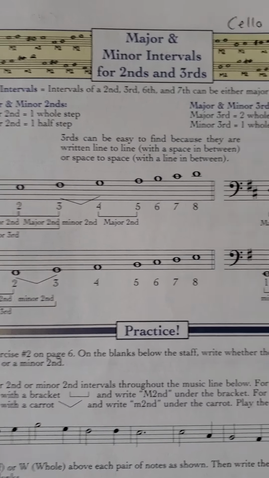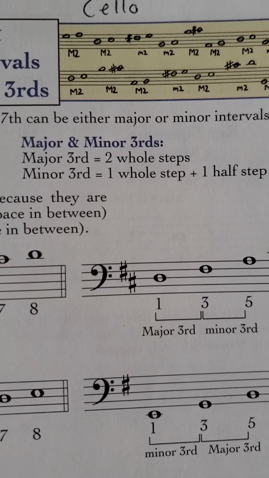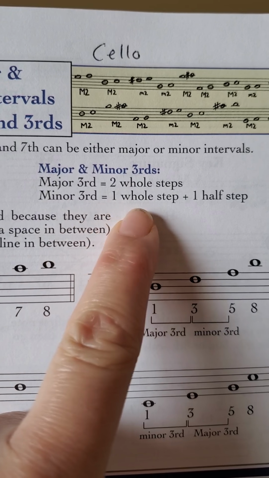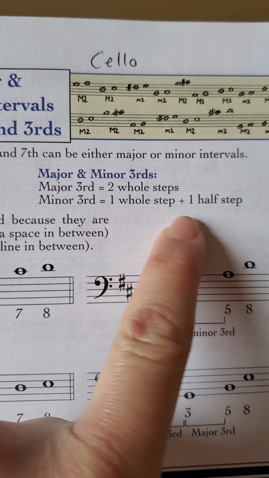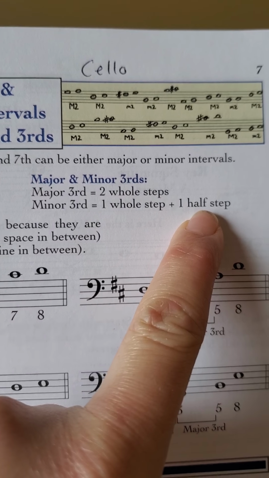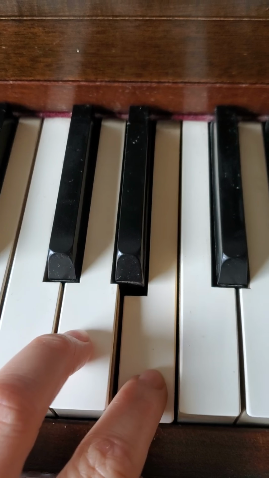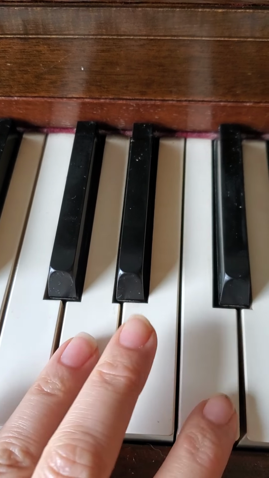Okay, so the same thing applies when we come over and we're looking at thirds. If we have a minor third, it's a whole step plus one more half step. So if we take what we had before, D to E, we're adding just one more half step in there.